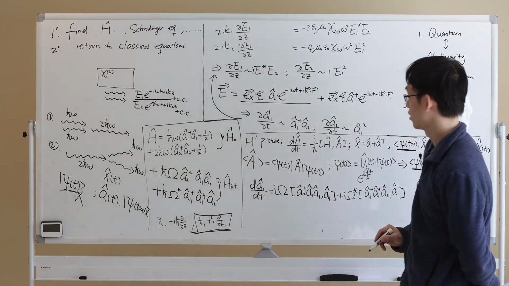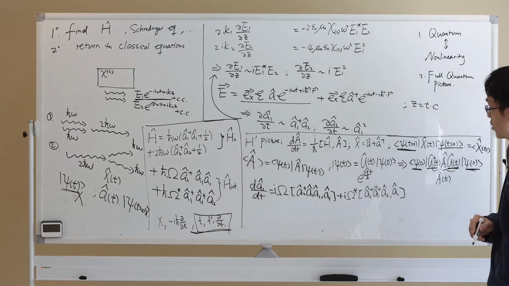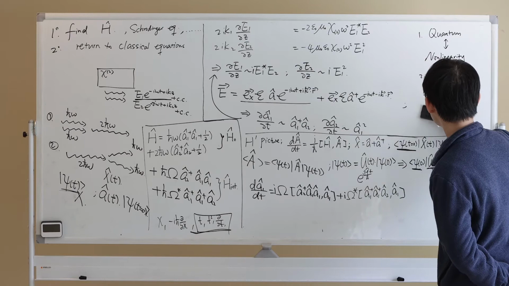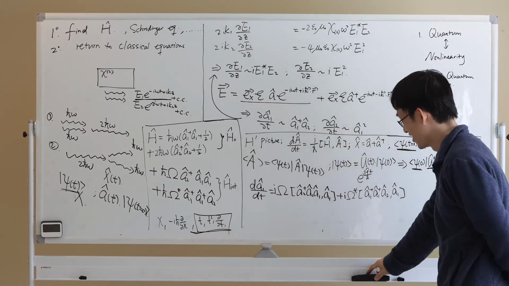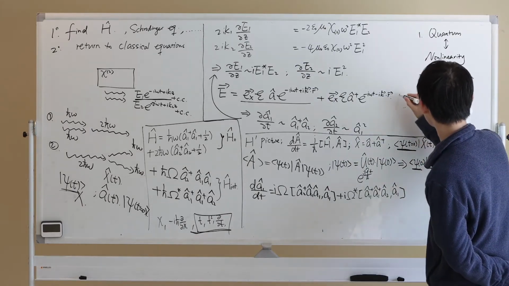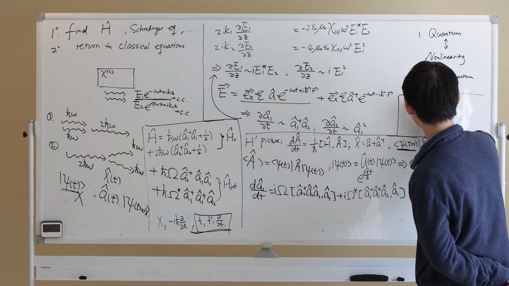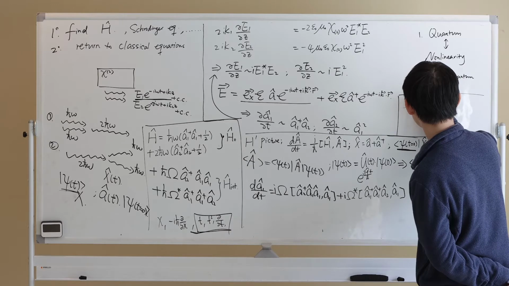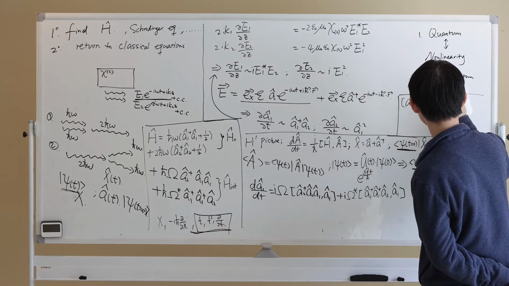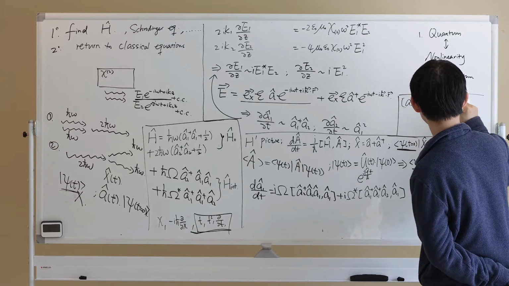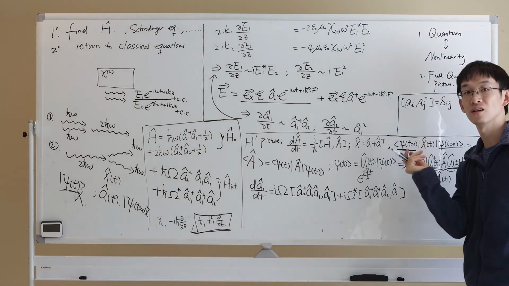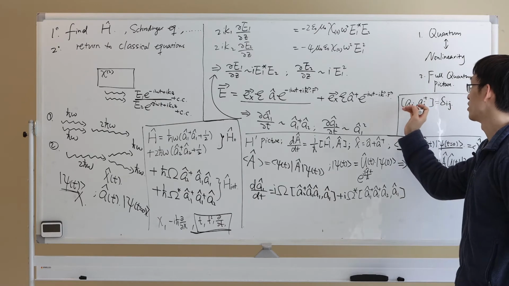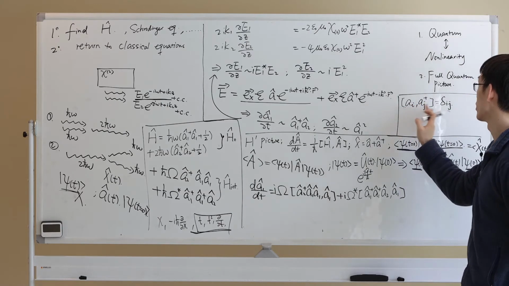A very simple way to calculate this is to use the commutation relationship. You have AI, AJ, whatever, and this is delta IJ. If they're not the same frequency, not the same mode, then your commutation is always 0.